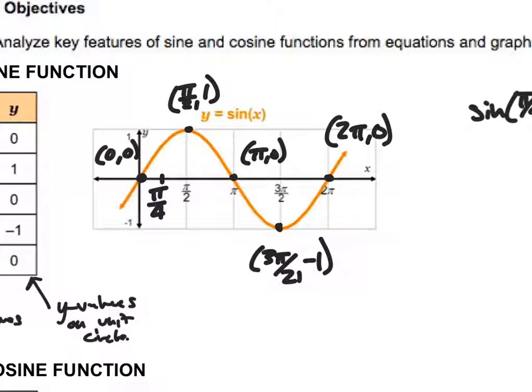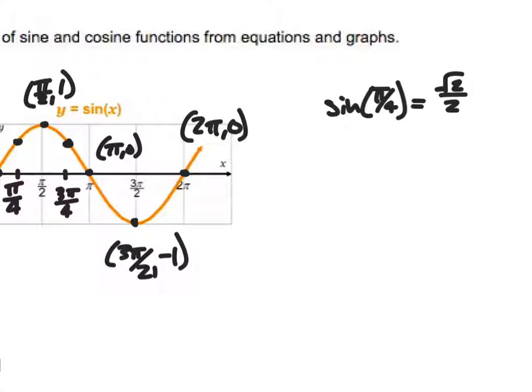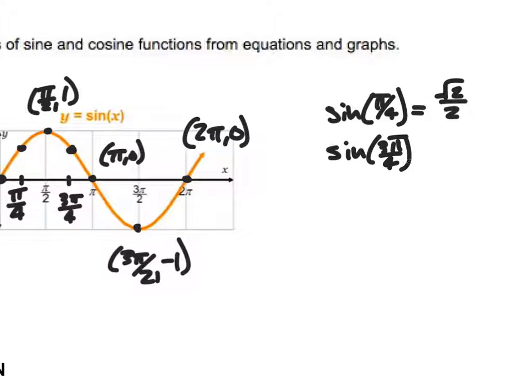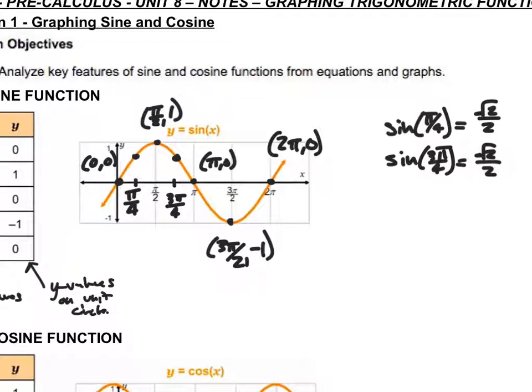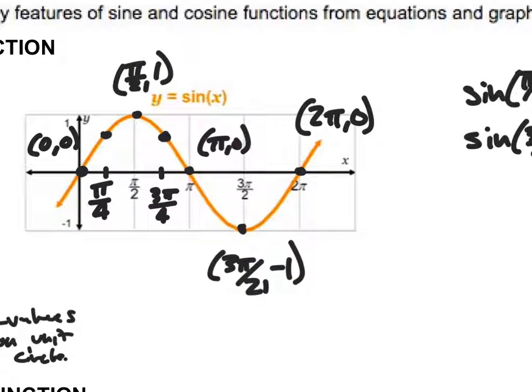So that's this value here on my graph. Same thing with 3 pi over 4: that y value would be square root of 2 over 2. That's how we're generating these points, by evaluating these trig functions, and those are the points that we get.